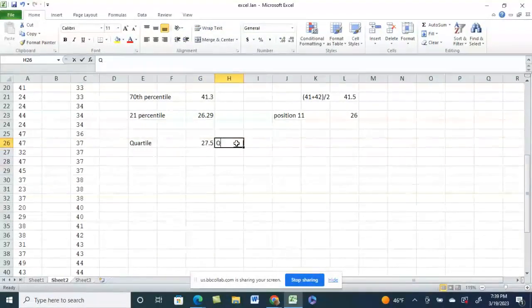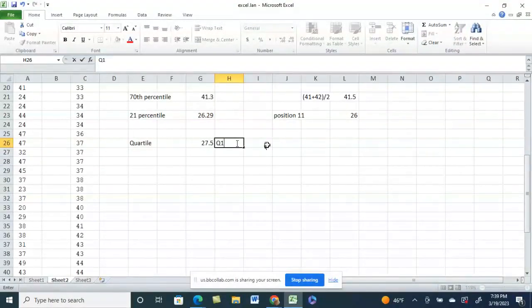We could call this Q1. So that means 25% of the data is at or below that number, 27.5.